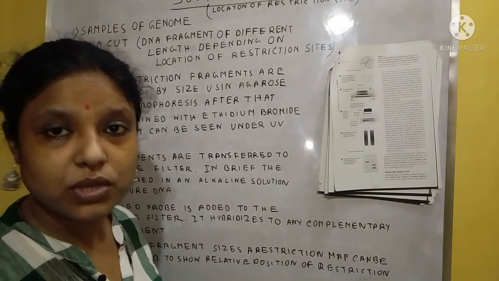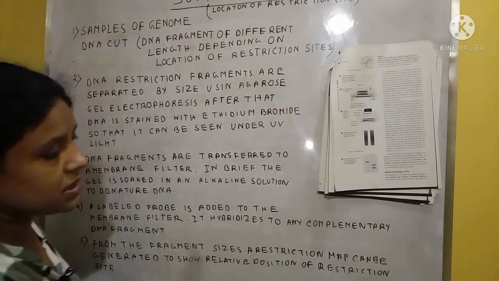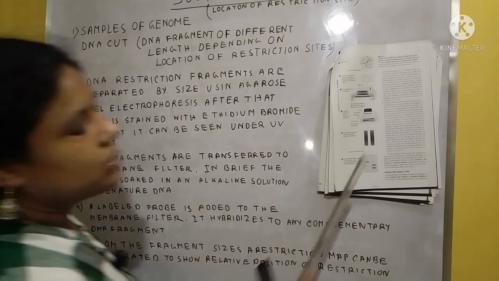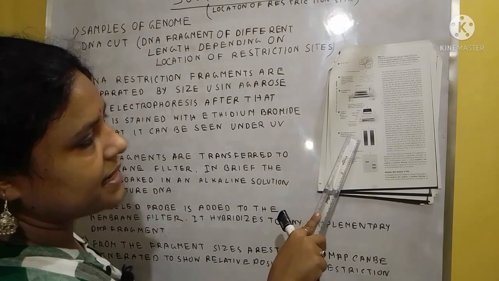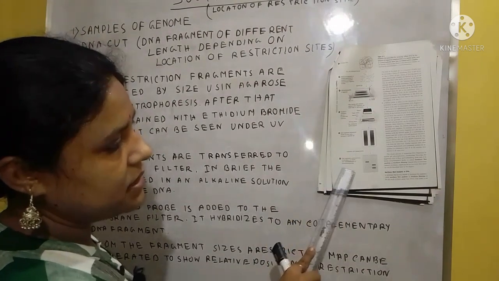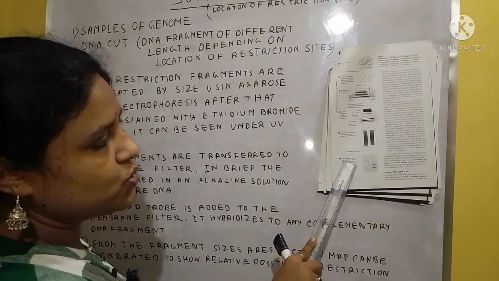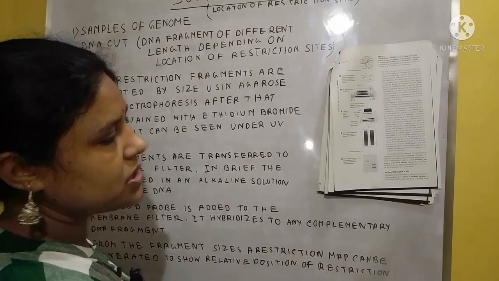I will explain electrophoresis and the membrane filter after this overview. Then the DNA fragments are transferred exactly as they were from the agarose gel, and the DNA fragments complementary to the probe become visible with the restriction sites.